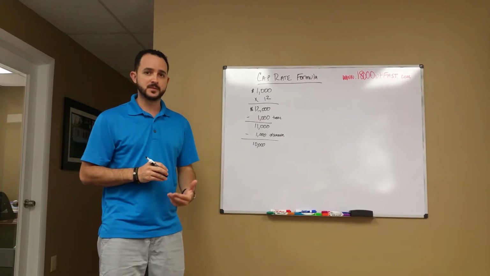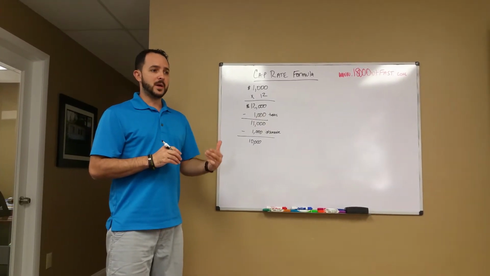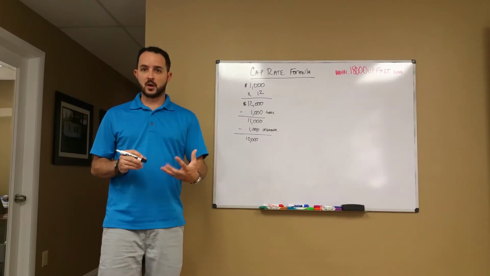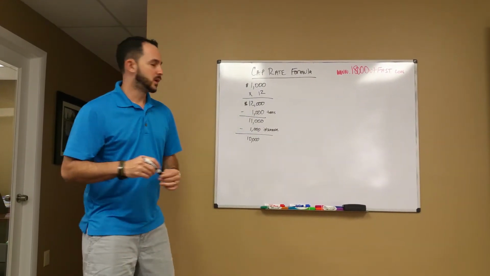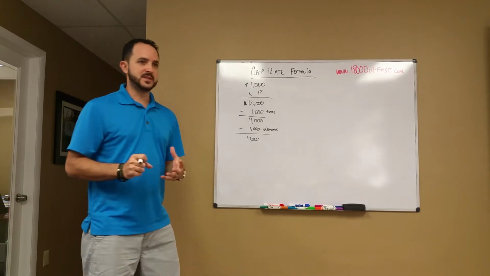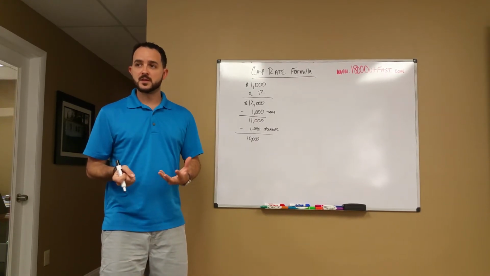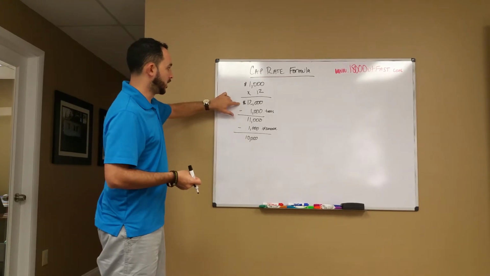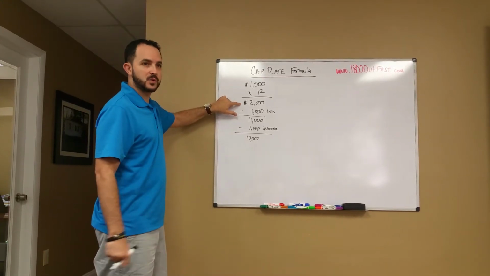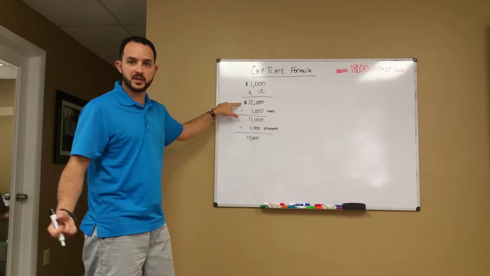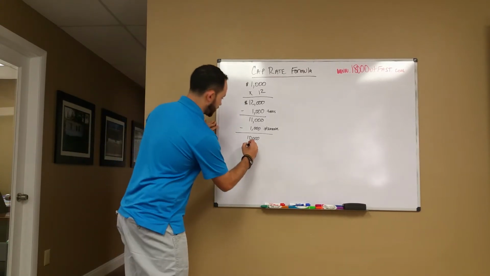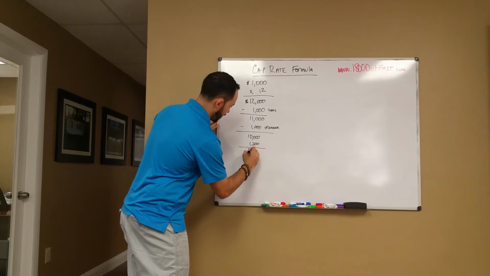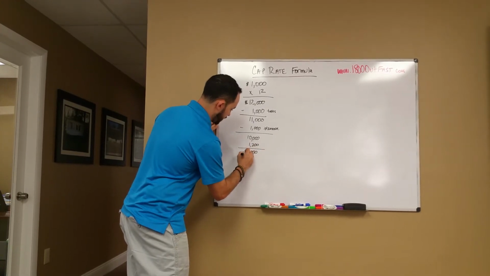Sometimes they property manage it themselves, but for this purpose, again, we're going to pretend like they are using property managers, and that on average is anywhere between 10 and 12% on an annual basis. So again, we'll take the annual and we'll multiply that by 10%, and that's going to give us $1,200 a year in property management. So let's take $1,200 off there. So now we're at $8,800.